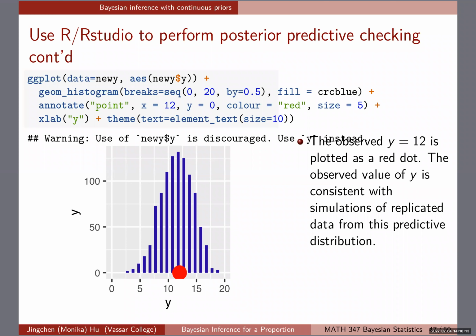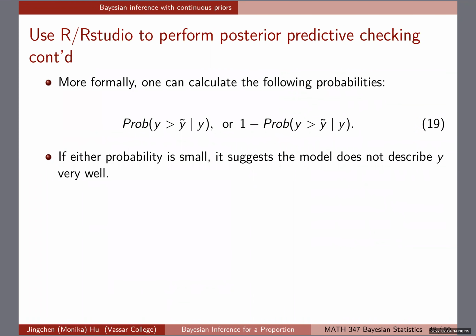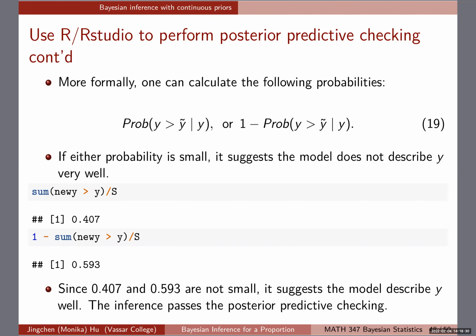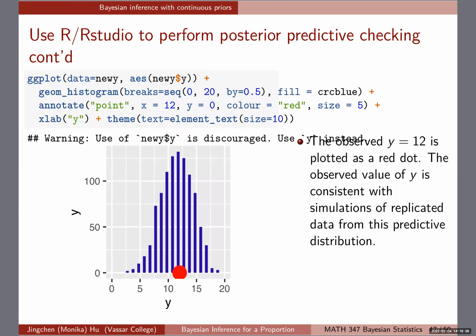More formally, like I said, you can actually compute the posterior probability of the actual observed value greater than the predicted, or 1 minus that. And if either of them is really small or really large, that will give you a sense of not really good fit. So what I mean is you can compute the probability of this area and also this area.